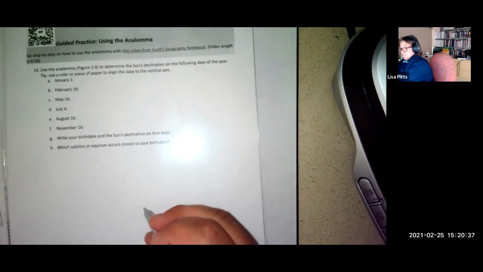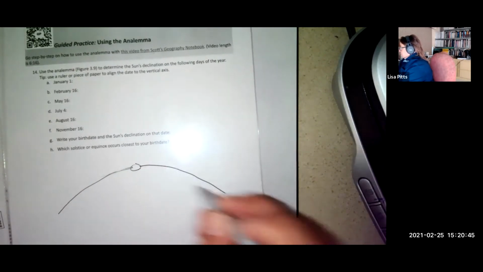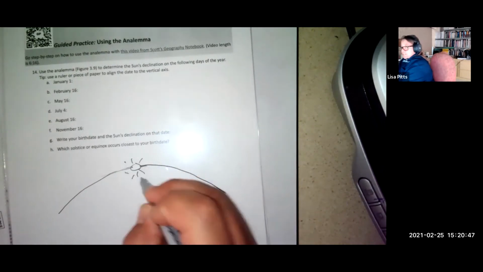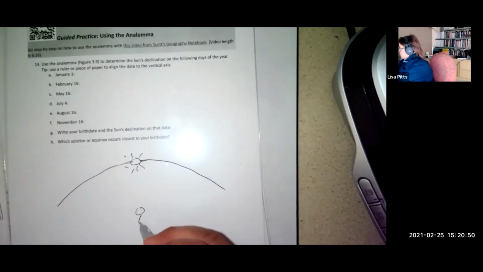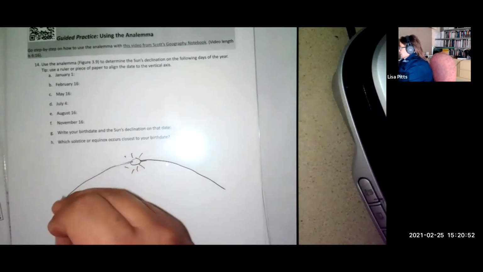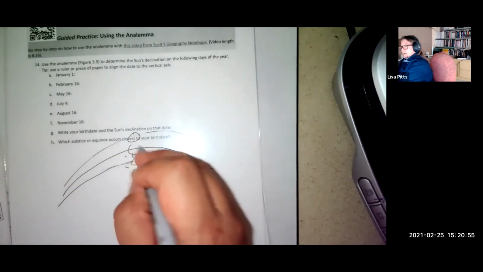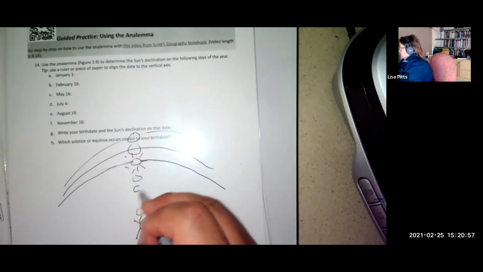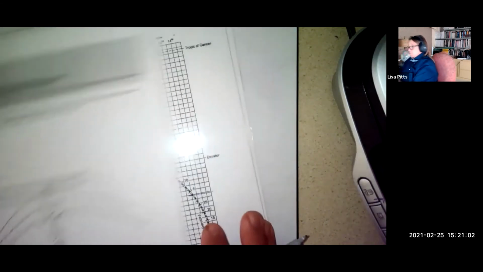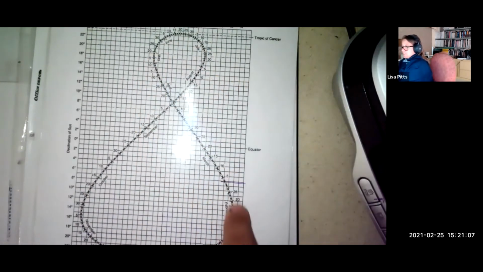It's the idea that if you were to go outside every day and take a picture of the sun at its apex, so when the sun reaches its highest point, one would imagine that what you would get is something where the sun just keeps getting higher, and then other times of the year it gets lower to the horizon. But that's not really what happens. What happens is this: the sun actually traces a pattern like this throughout the year.